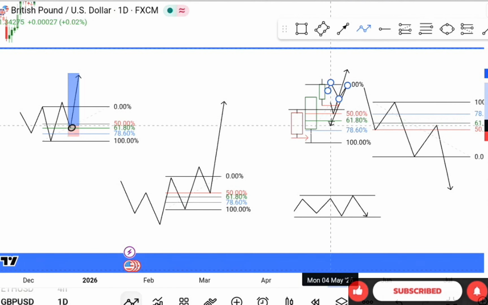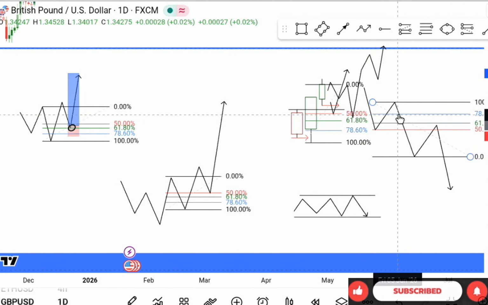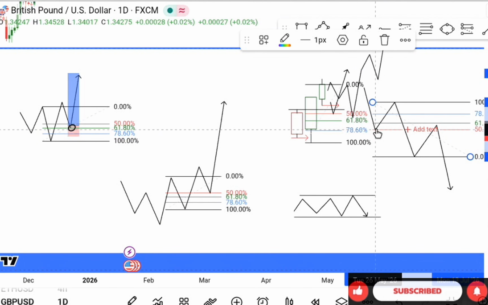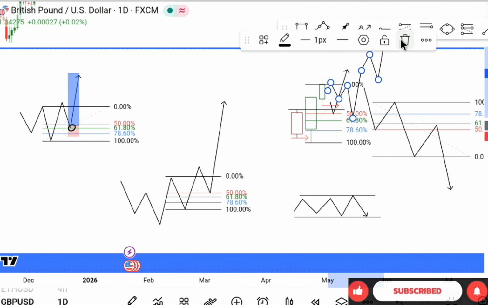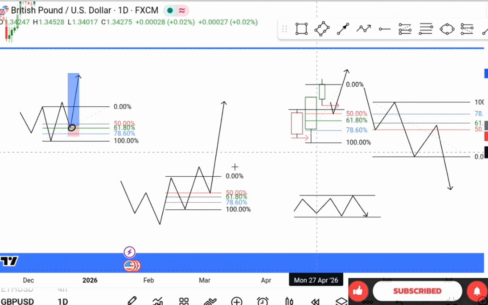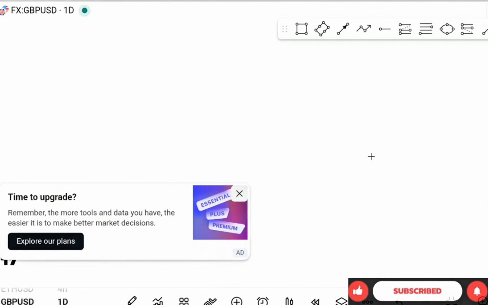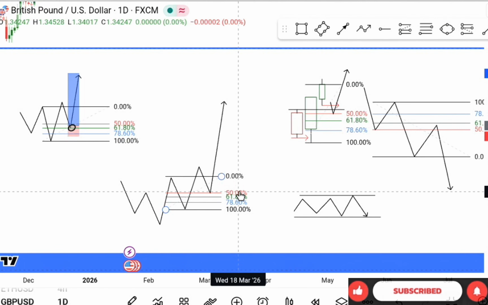If you really don't know how to mark out this retracement zone, drop your comments in the comment section. If you don't really know how to trade this Fibonacci strategy, you really need to go and backtest it, because I've backtested this so many times.